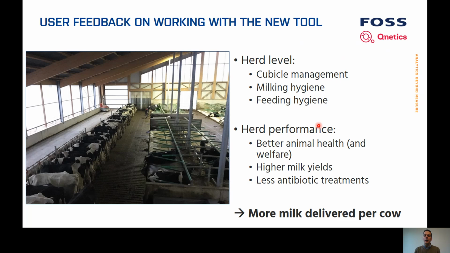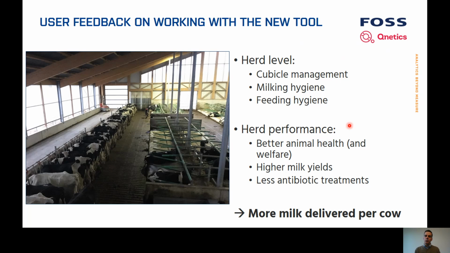In terms of herd performance, the farms observed that they actually obtained better animal health when working with this report, and this, I think, is a very nice achievement, in particular in terms of all these discussions about animal welfare these days.